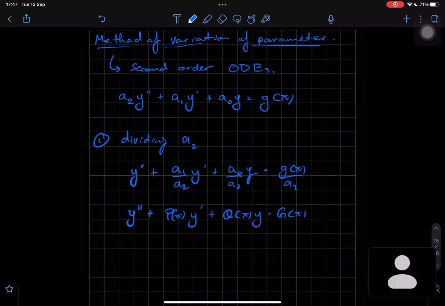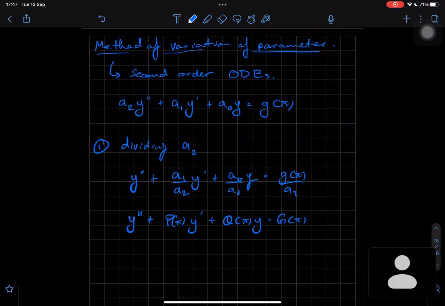Okay, so the method of variation of parameters has one benefit, which is that you can use it when it is not constant coefficient. It can be a function, but it needs to be linear.